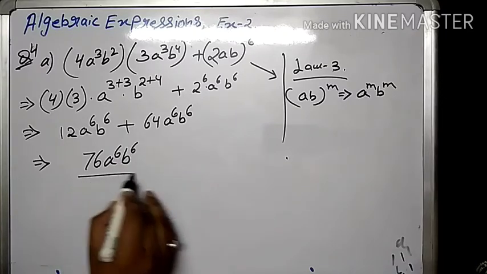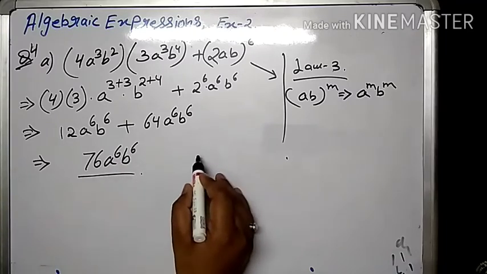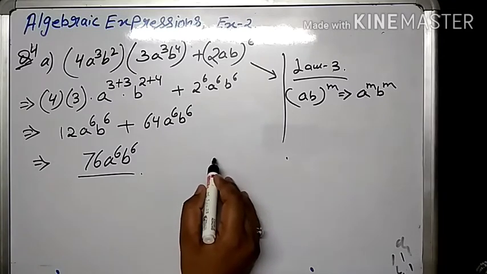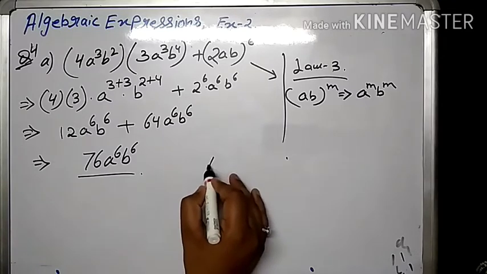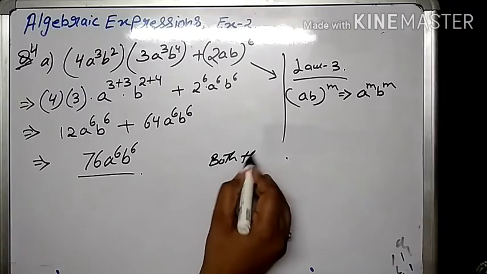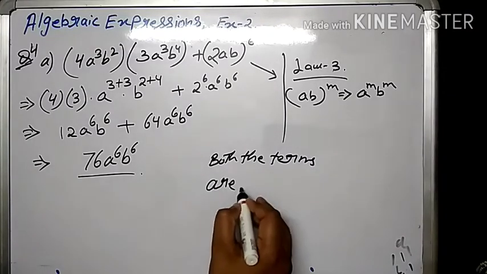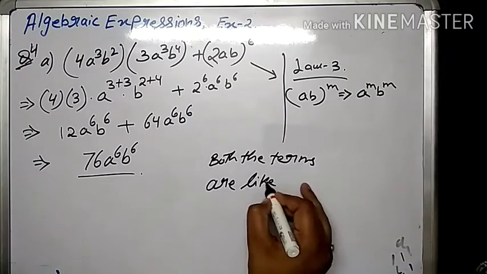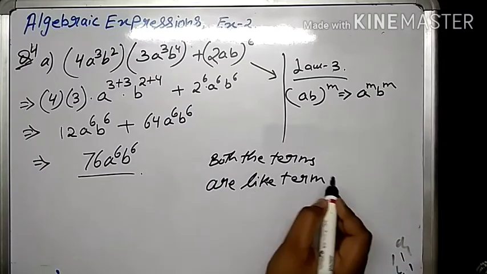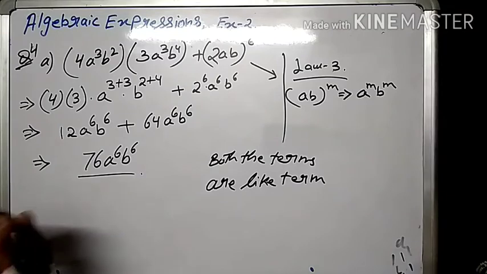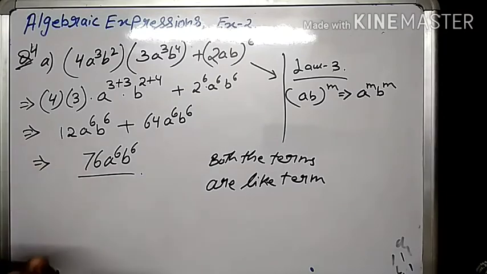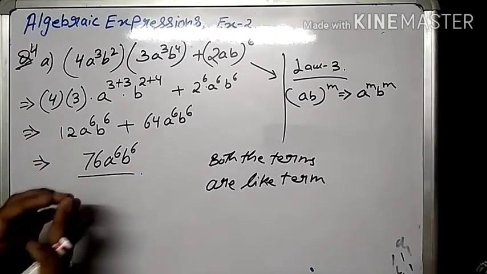Now how are these added? When the variable terms are the same, both the terms are like terms. We can add two expressions if they are like.